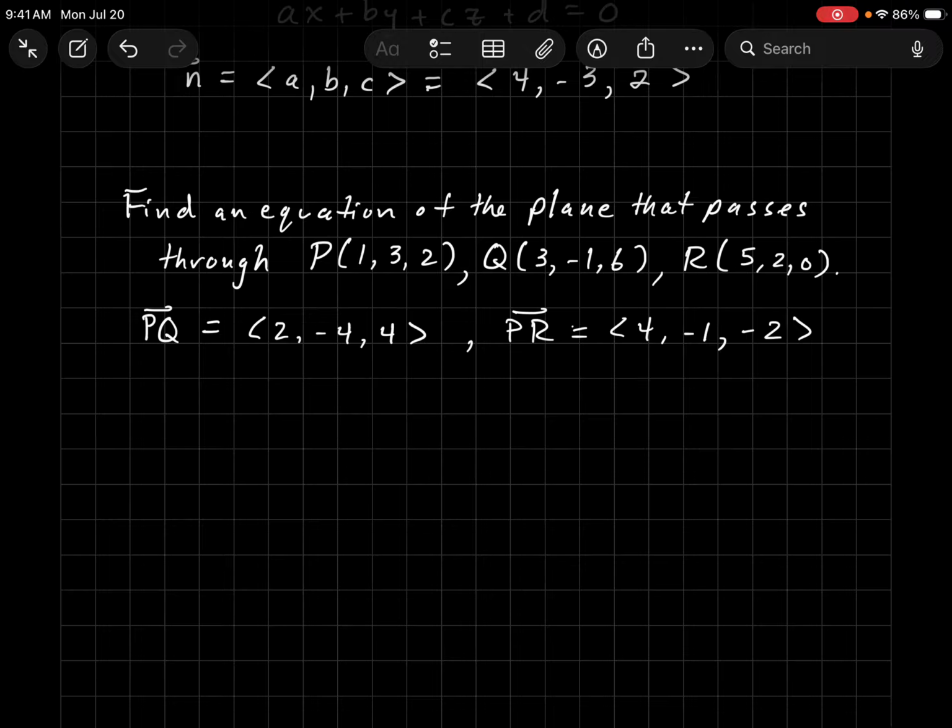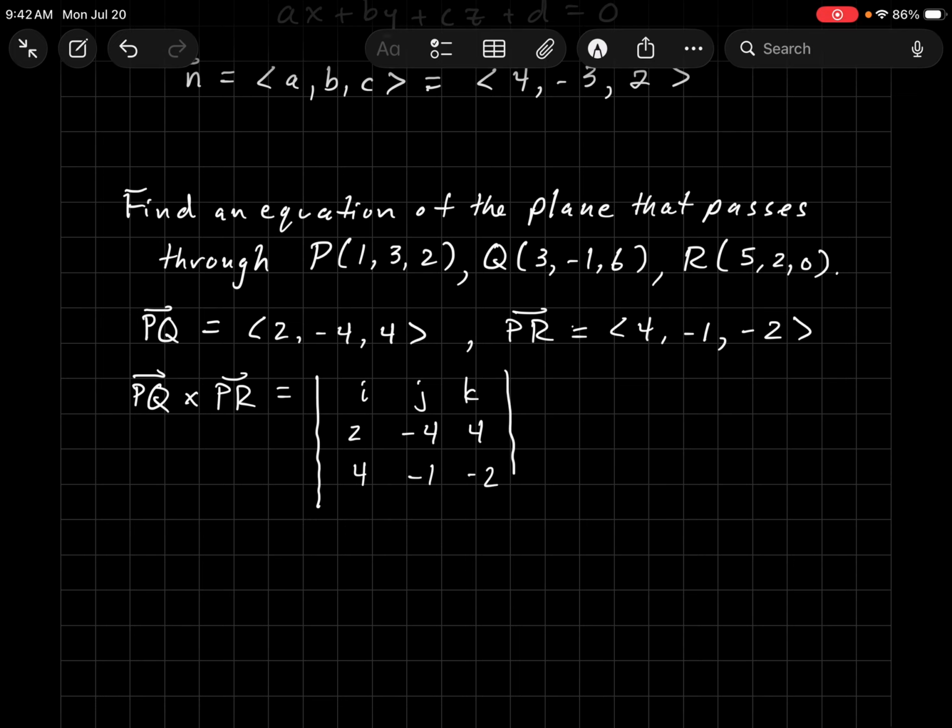So let's do the cross product of PQ and PR. I, J, K, and then 2, -4, 4. I could have reduced this if I wanted to. And then 4, -1, -2. And we'll do the cross product of this.